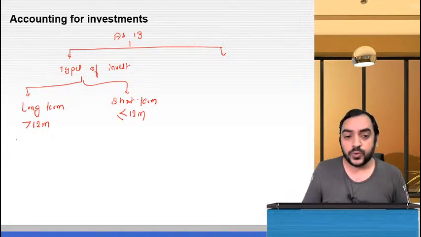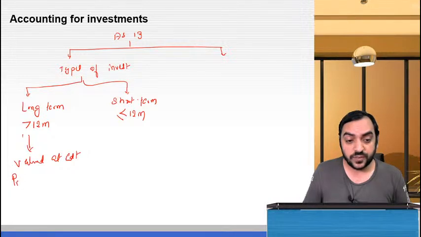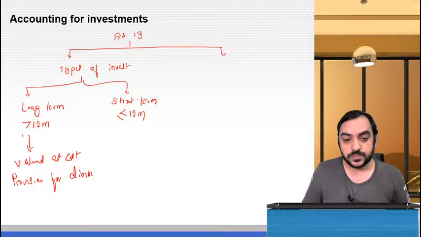And coming to the accounting piece, long-term investments are valued at cost unless there is permanent diminution in the value of assets. You should make a provision for diminution only if it is permanent in nature.